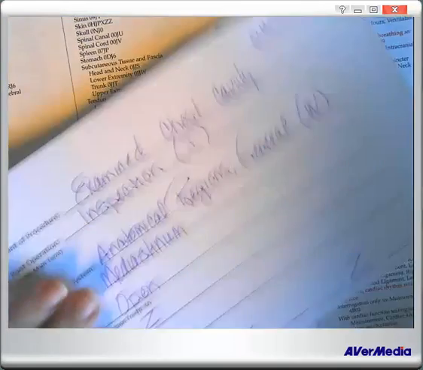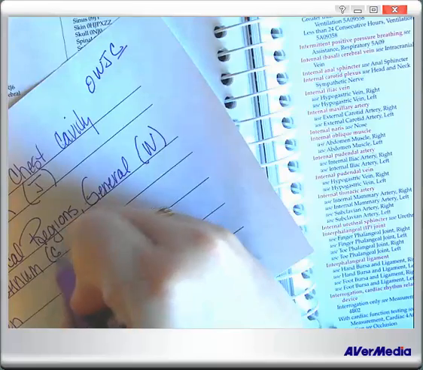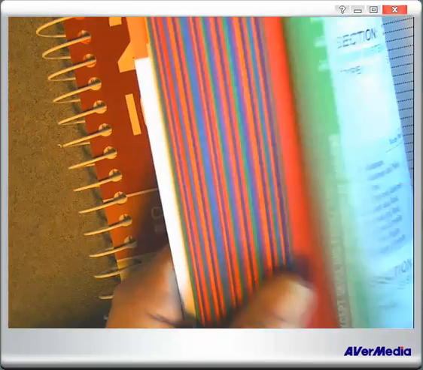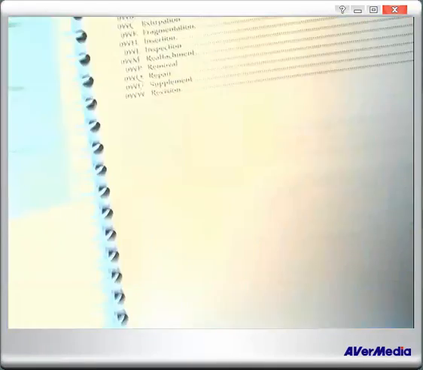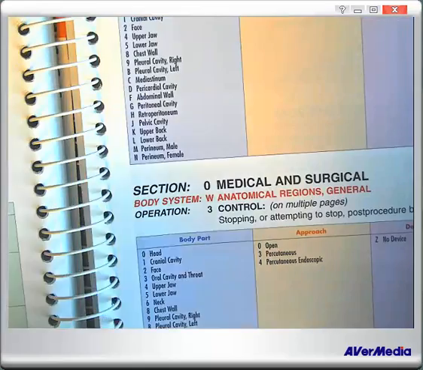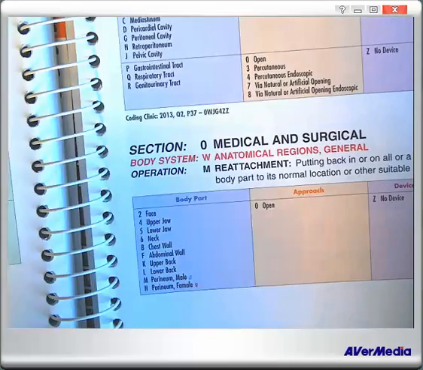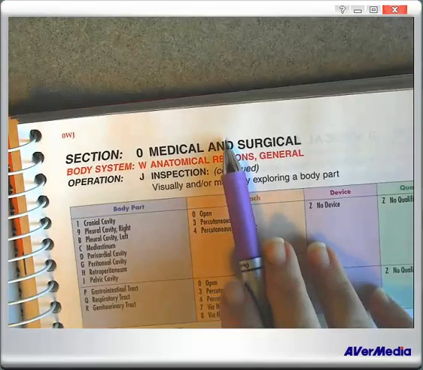So we know that this mediastinum is C. So let's go ahead and take a peek at that. 0W. And we want J. Okay. And if you look, what does it say? It does say continued.